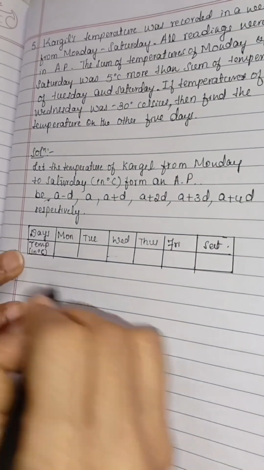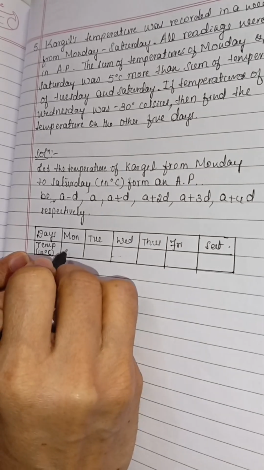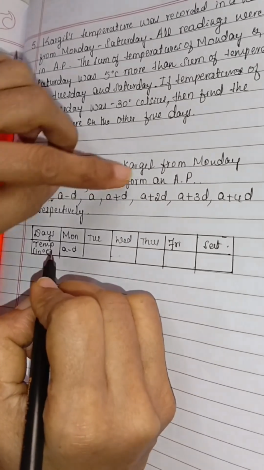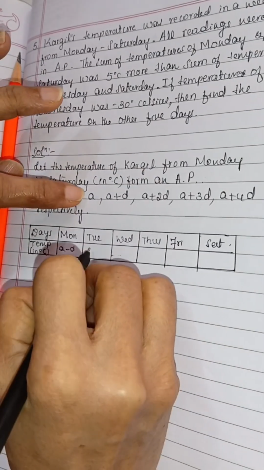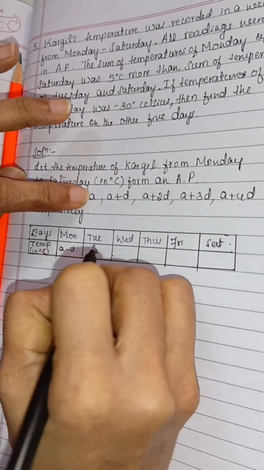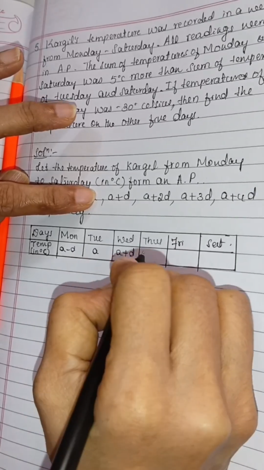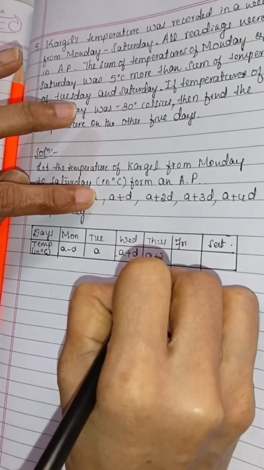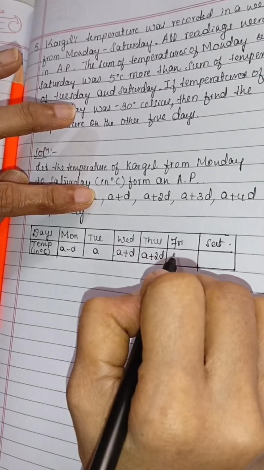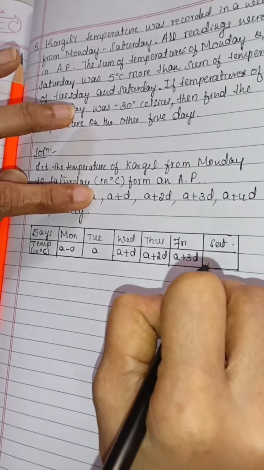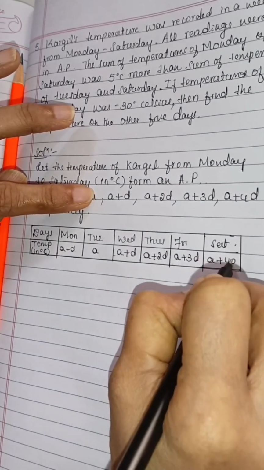Okay, so we have to assume that Monday is a minus d. Then Tuesday is a. Wednesday is a plus d. Thursday is a plus 2d. Friday is a plus 3d. And Saturday is a plus 4d.